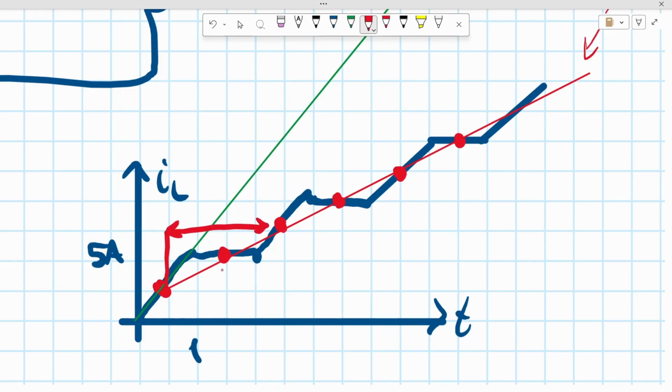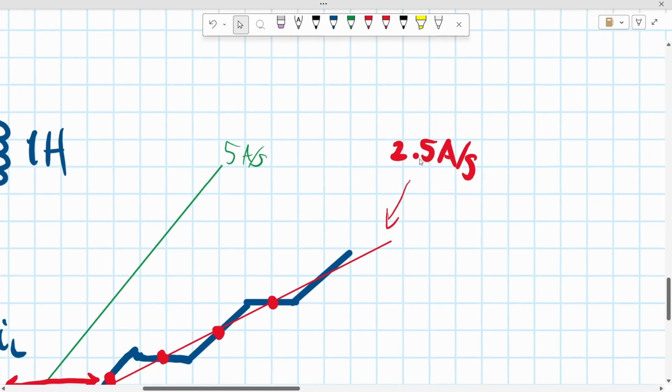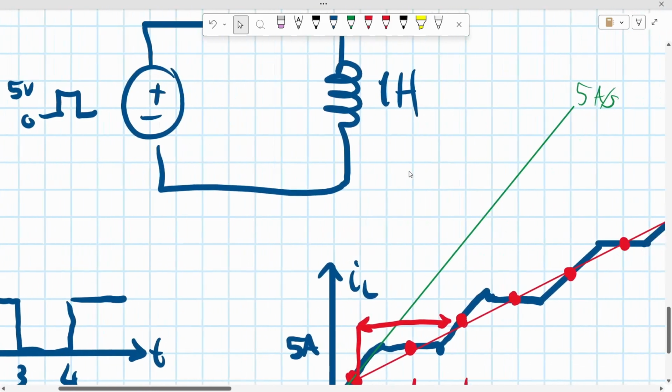So this is the time that it went from some value to some other value plus 5 volts. So this time is 2 seconds. This is from here to this is 1 second. This is another second. So 2 seconds. So 5 over 2 is 2.5. You know, geometrically it would give 2.5 ampere per second.